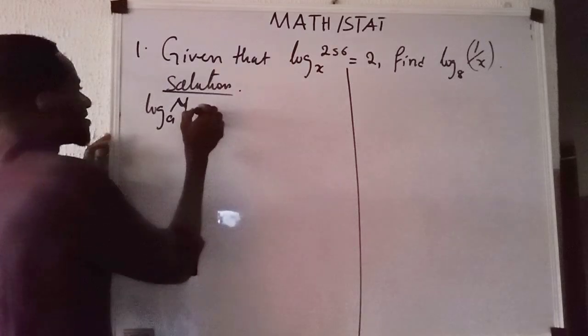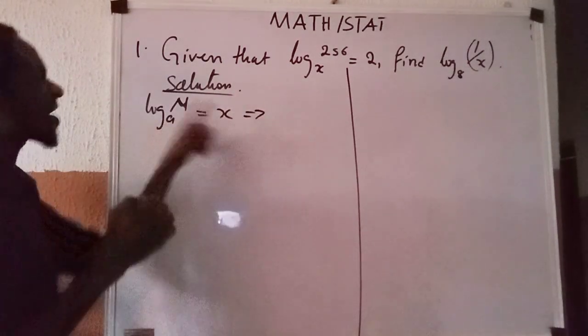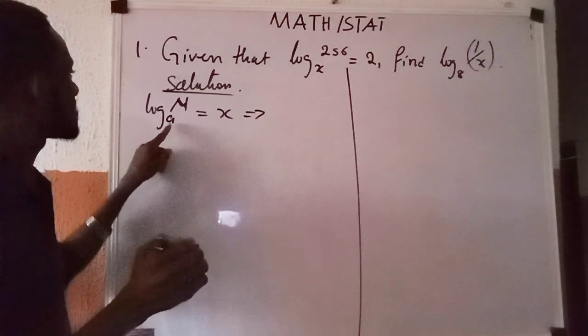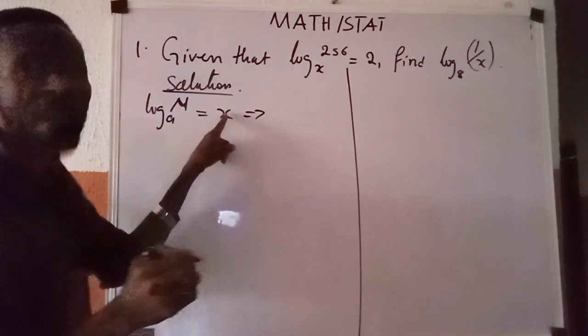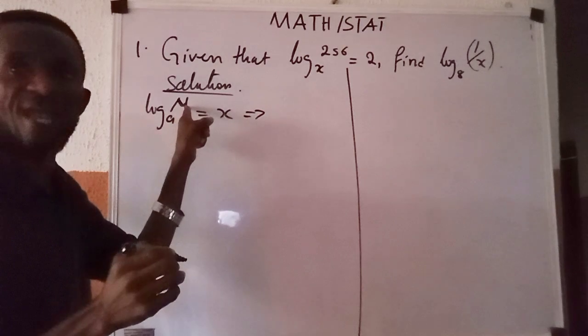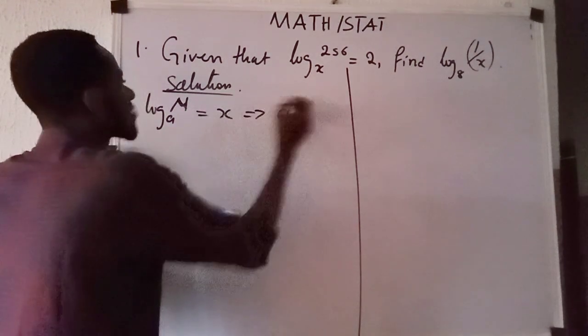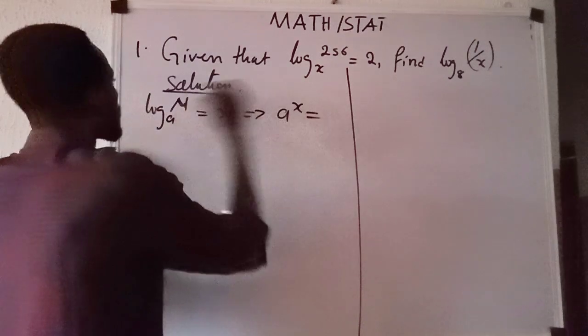So I will say this is equal to x. This implies, to convert this into indices, it becomes the base raised to the power of that letter you equated it to, is equal to the number n. So this is A raised to power x is equal to n.